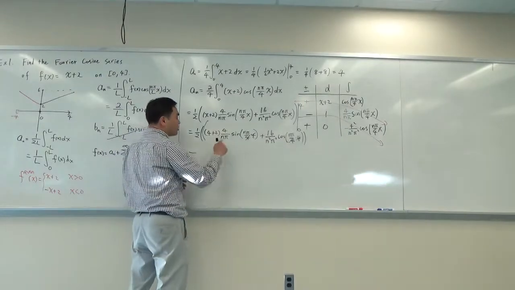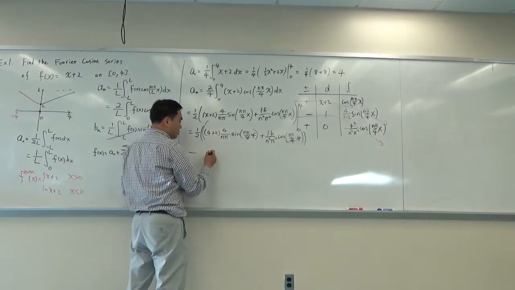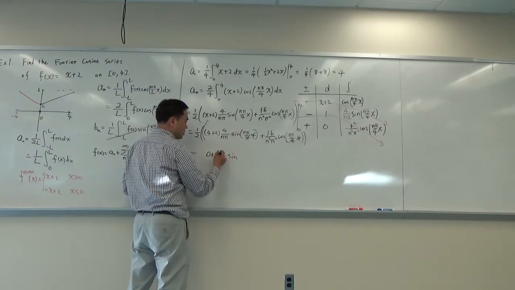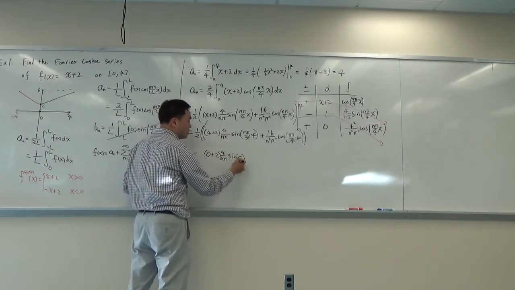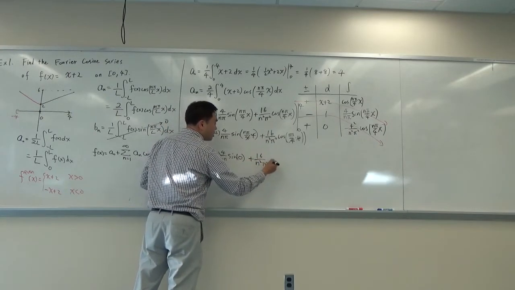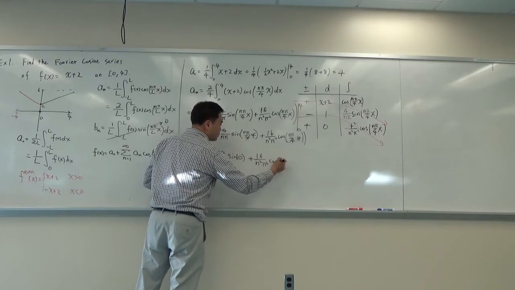And then when you plug in 0, you get 0 plus 2, 4 over n pi sine of 0 plus 16 over n squared pi squared cosine of 0.